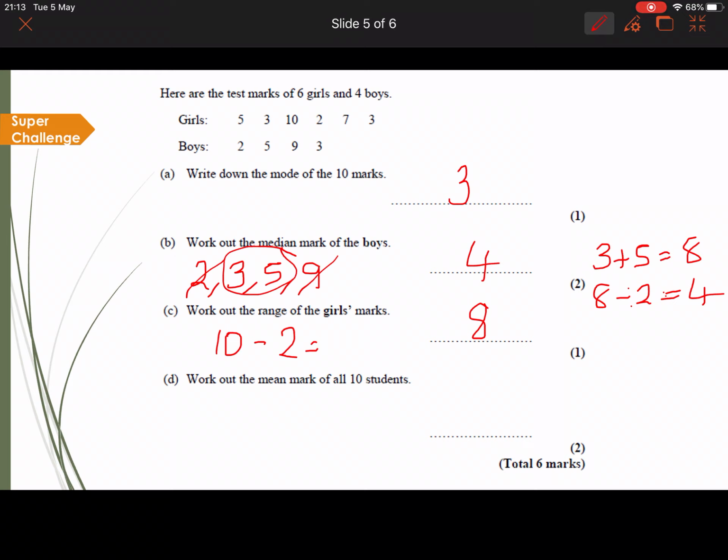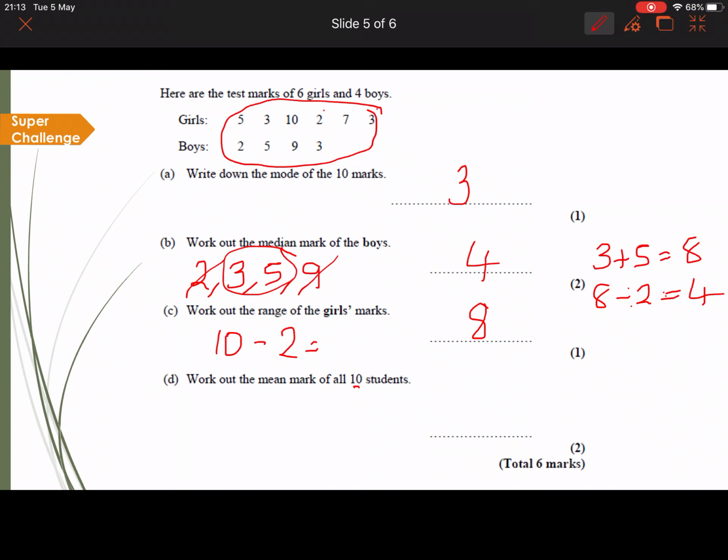And finally, work out the mean mark of all 10 students requires me to add all of these numbers together and then divide by 10. So 5 plus 3 is 8, plus 10, 18, 20, 27, 30.